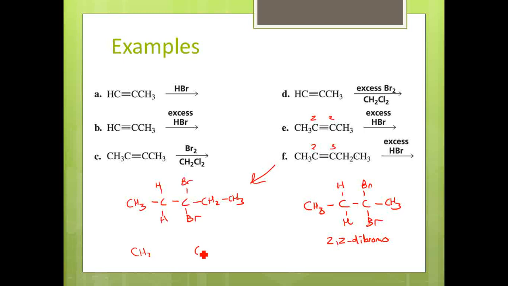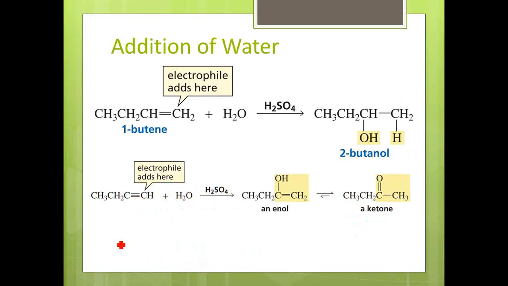I could put the H's on the first one, bromines on the second, and end up with 3,3-dibromo, or put H's on the second carbon and bromines on the first and get 2,2-dibromo. So watch out for those asymmetrical alkynes, because we essentially get this as a 50%, 50%. So you're going to end up with mixtures if you use an asymmetrical alkyne.